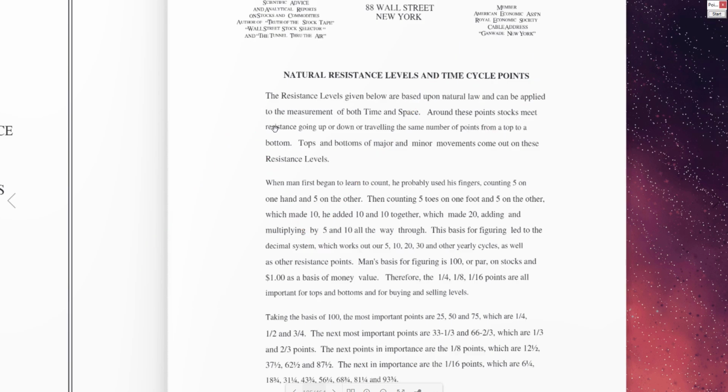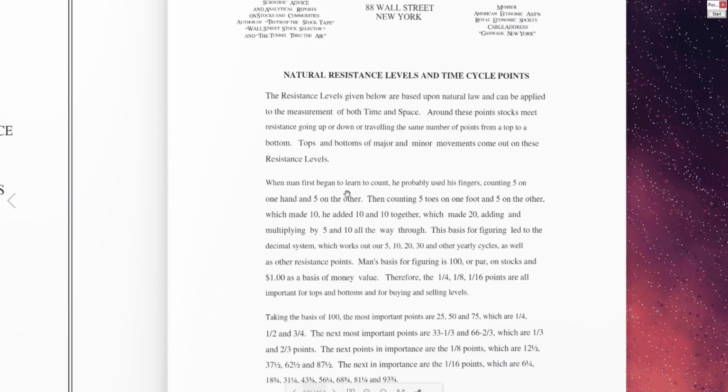Okay, so the resistance levels below, I'm not going to read all of these. I'm going to specifically point out where you should focus, but you should definitely read the entire thing. See, this part is crucial.